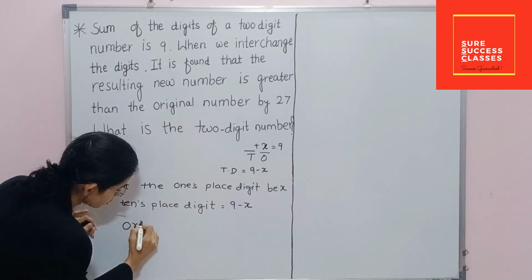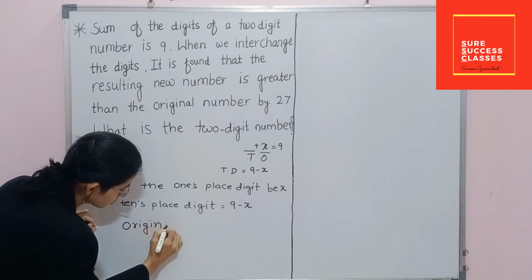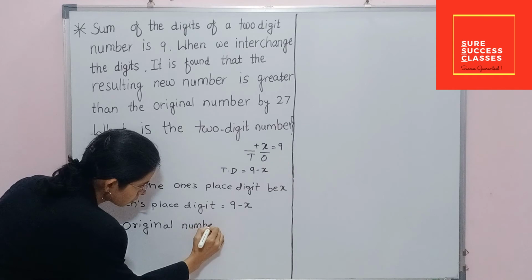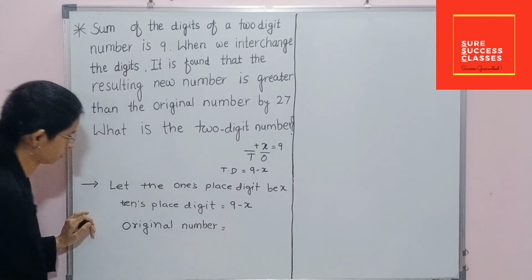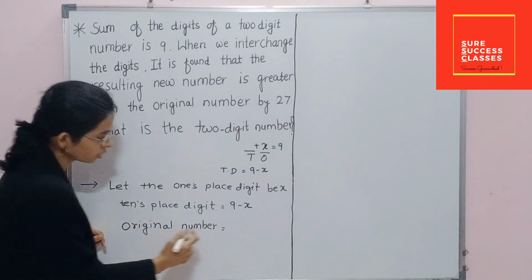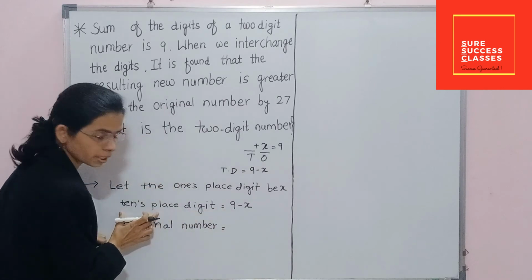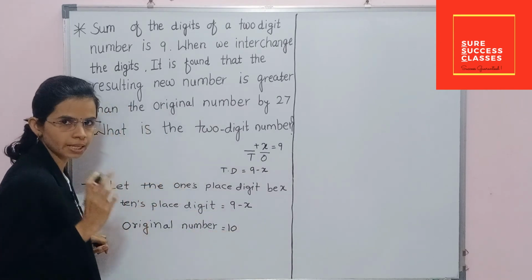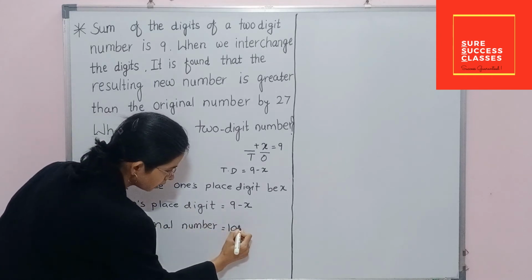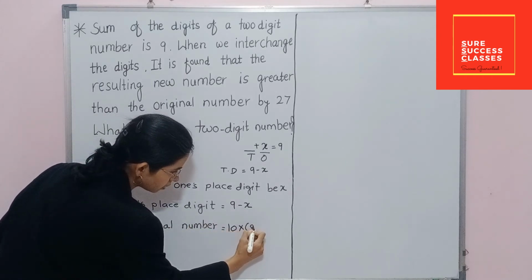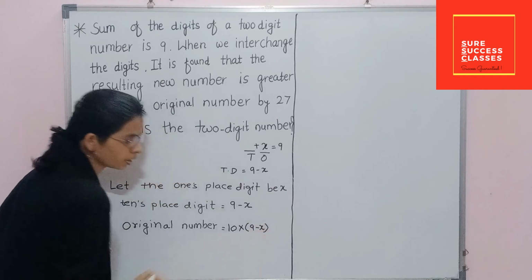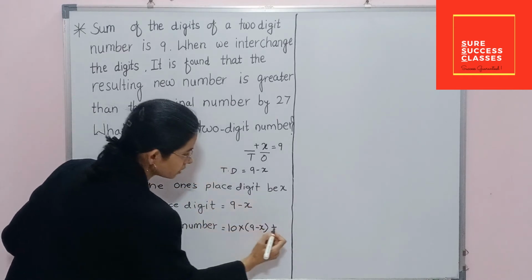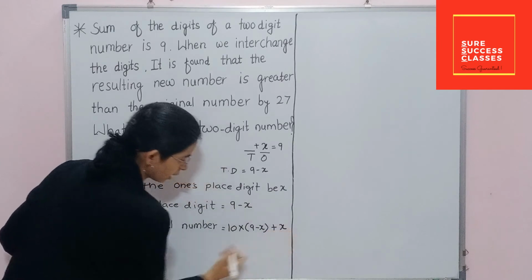It will be, we know when it is a tens place digit, at that time we will multiply that digit by 10, 9 minus x, and we will add the ones place digit as it is, that is x.